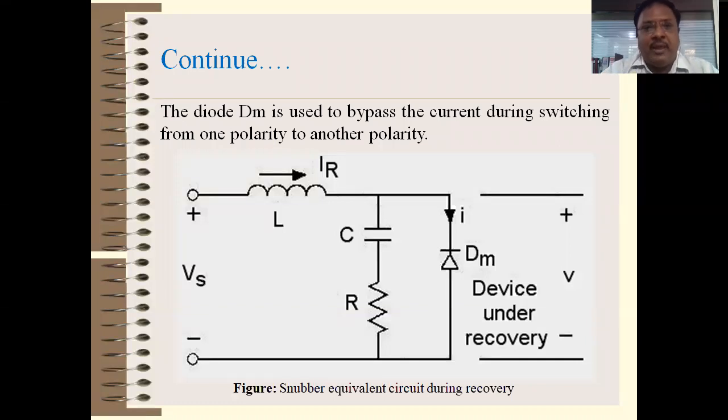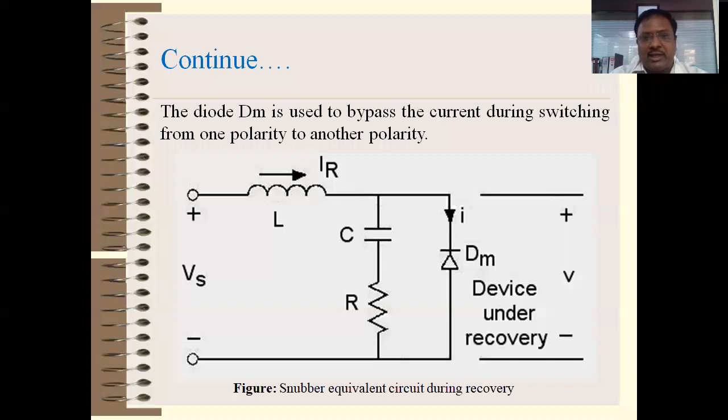But in some circuits, the diode is always connected because the circuit inductance is large. So due to that circuit inductance, some voltage is definitely stored, and that voltage may appear across the device in the reverse direction. If that reverse voltage appears across the device, your device may be damaged, right?